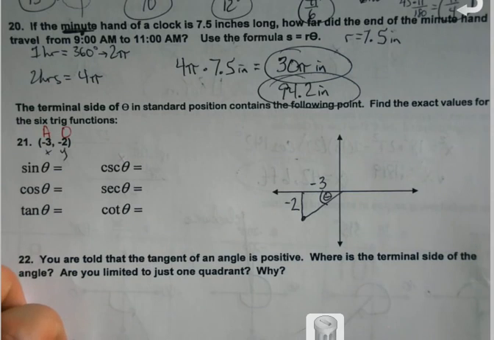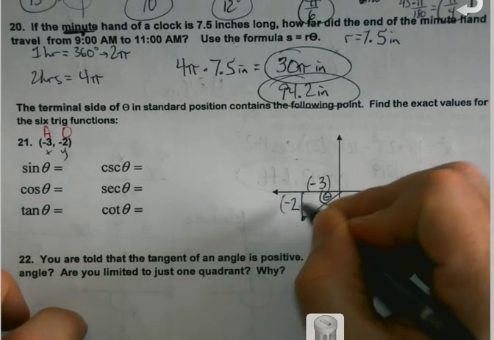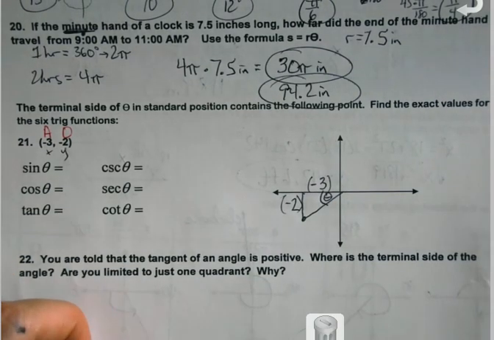I don't know the hypotenuse yet though. So I need to use the Pythagorean theorem to find it. Make sure, if you're doing this with a calculator and not in your brain, that you are using parentheses around each of these, because your hypotenuse will never be negative.